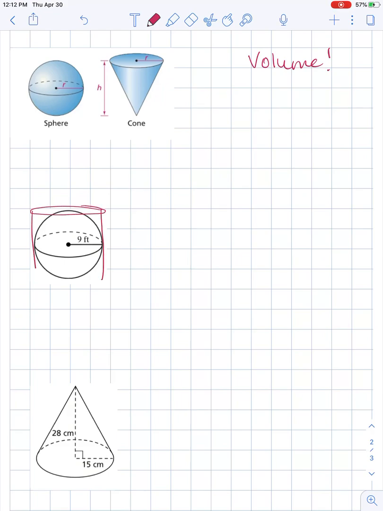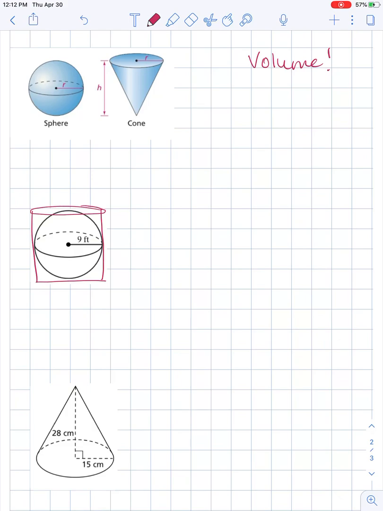Imagine that this sphere fit inside a cylinder perfectly. Let's call this a basketball, and it's in this perfect trash can that fits it exactly. This trash can has the exact same diameter.